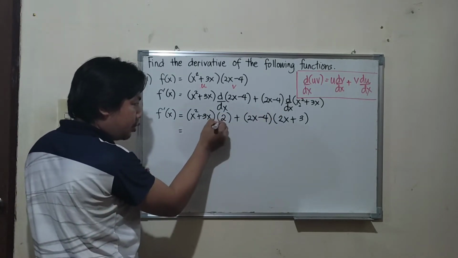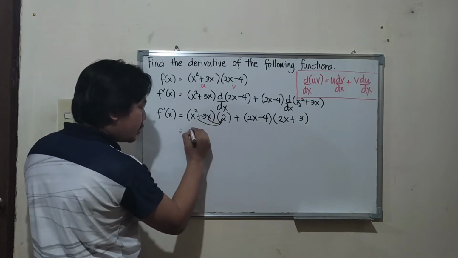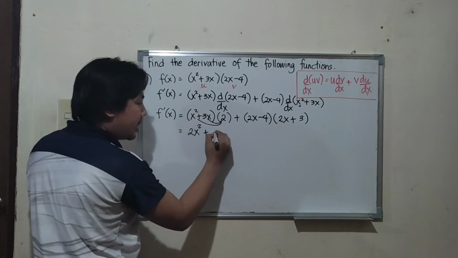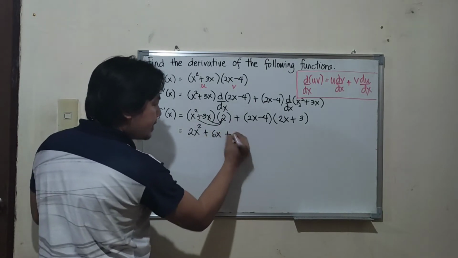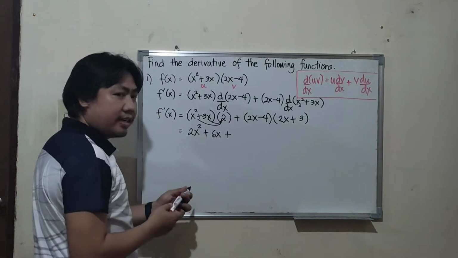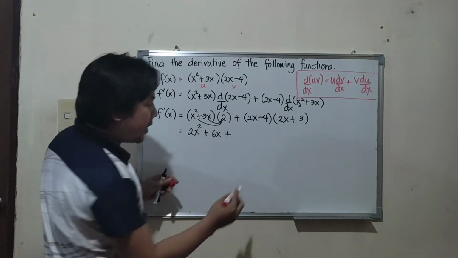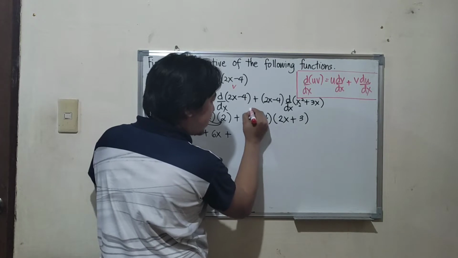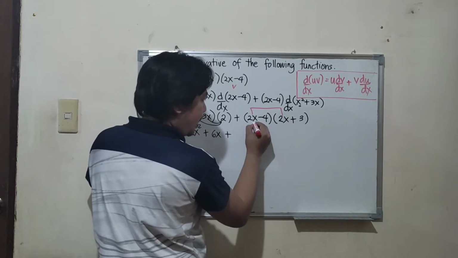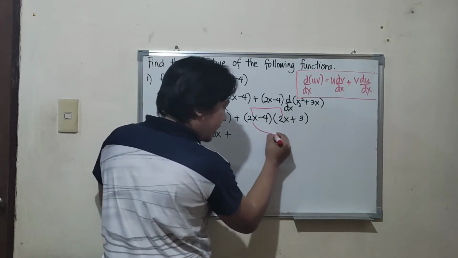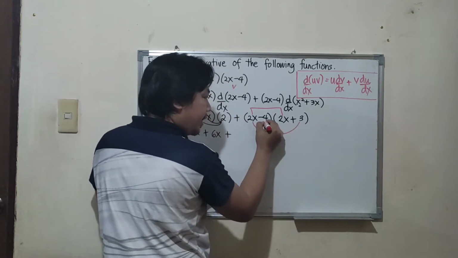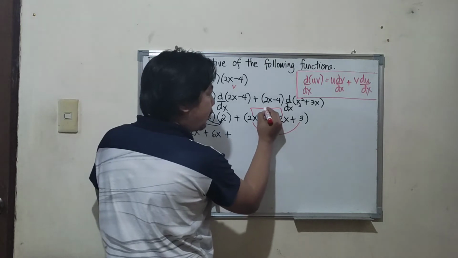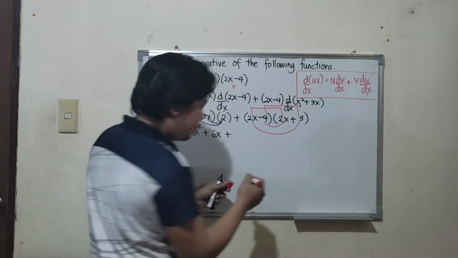So just distribute 2. So we have 2 times x squared, we have 2x squared plus 2 times 3x, so that is 6x, plus, so distribute natin ito, using the FOIL method, so we have 2x times 2x, then we have yung outer, 2x times positive 3, then negative 4 times 2x, and then we have negative 4 times positive 3.